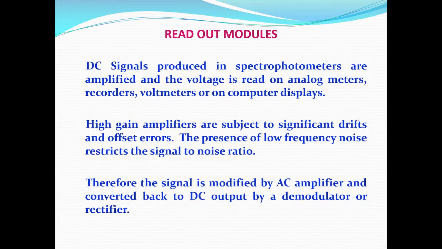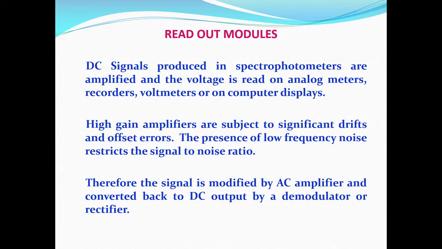That means it is basically a display of the absorbance or transmittance, whichever is occurring. Normally there is a certain amount of electronics involved in readout modules also, and high gain amplifiers are sometimes employed. The presence of low frequency noise of course restricts the signal to noise ratio.